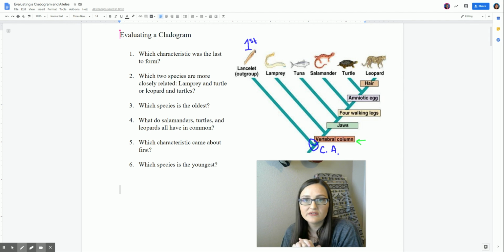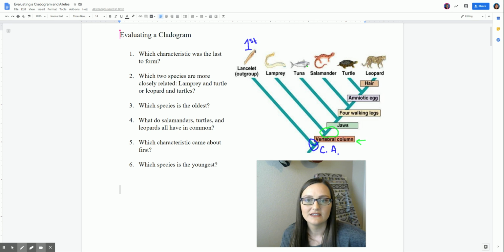Your spinal bones are called vertebrae, and so you have a column of those. But anyway, you all have a vertebral column from this point forward. So the lamprey has one, the tuna has one, the salamander has one, the turtle has one, and the leopard has one as well. Okay, so once again, we have a common ancestor at the branch, right?